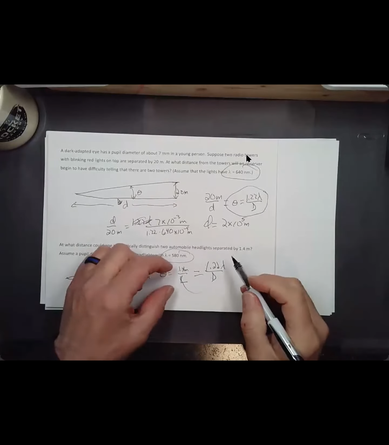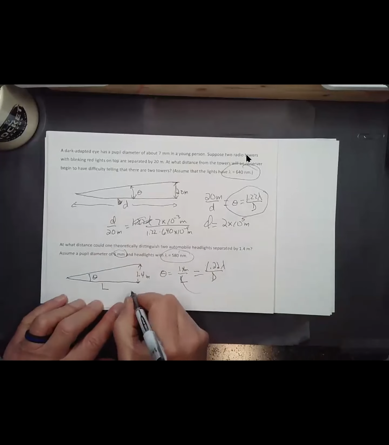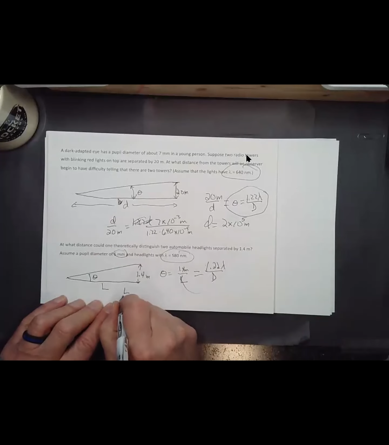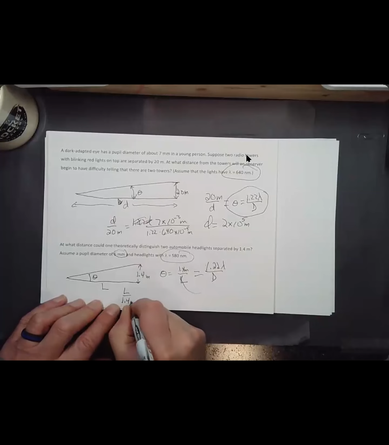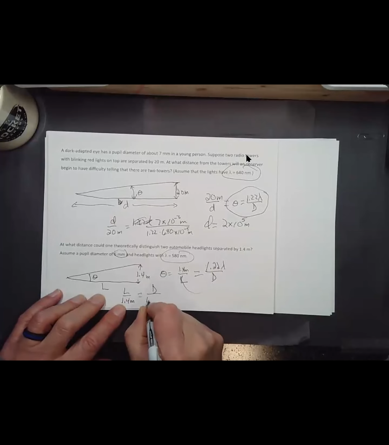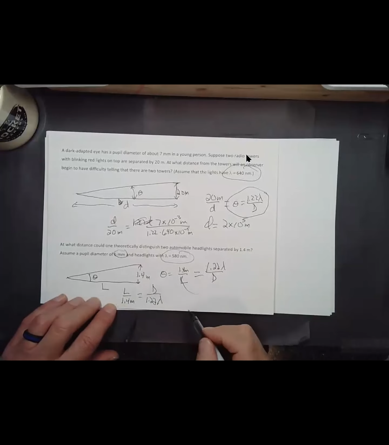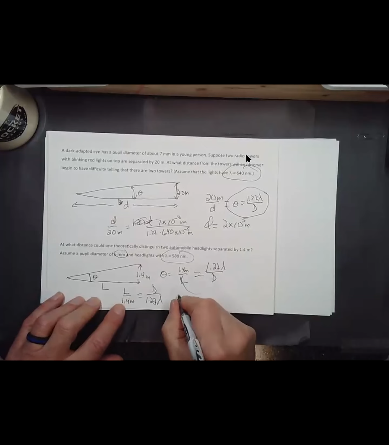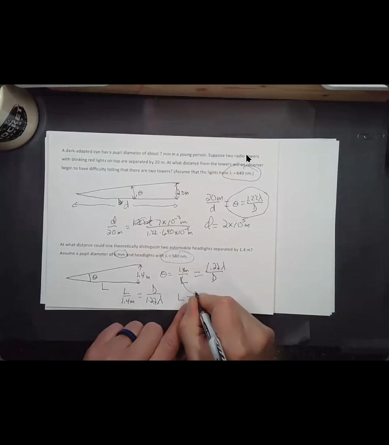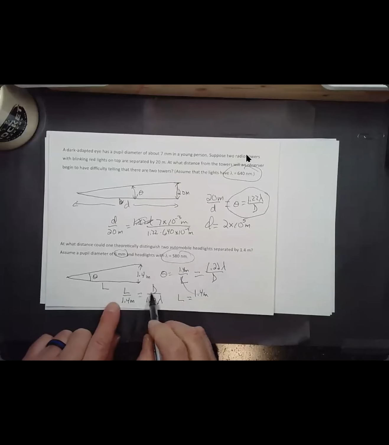Well, simple fraction left side, simple fraction right side, I can flip both of them, and I'll have L over 1.4 meters is going to equal the diameter of the pupil divided by 1.22 times lambda. Okay, or L will equal 1.4 meters, and I think I just multiply it out from underneath.